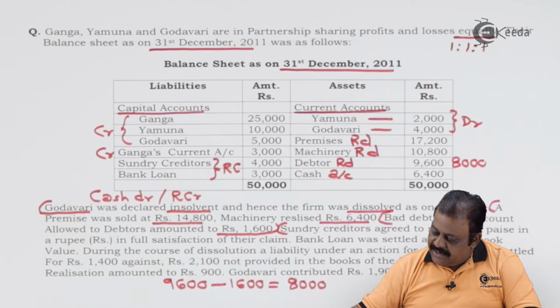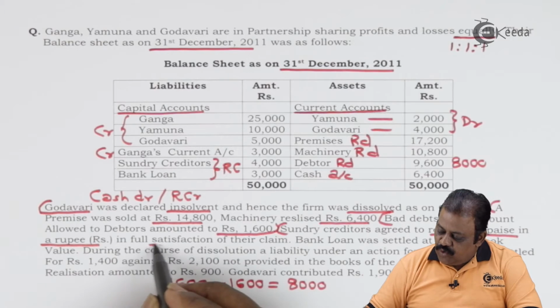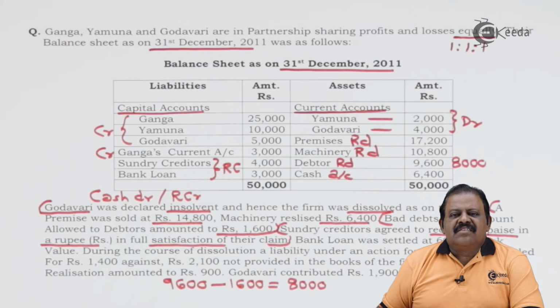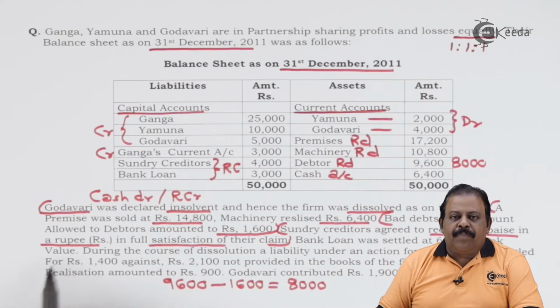Sundry creditors agreed to receive 80 paise in a rupee in full satisfaction of their claim. This is another method of showing how creditors are settled. 80 paise in a rupee means what? It means 80% of the amount is given to them and they have given us 20% discount.